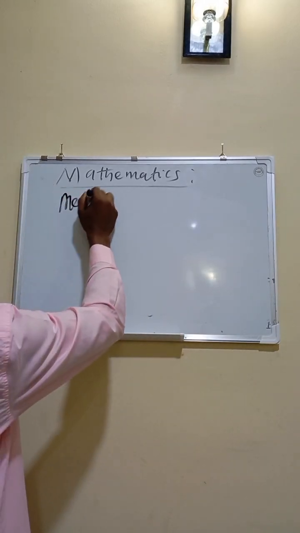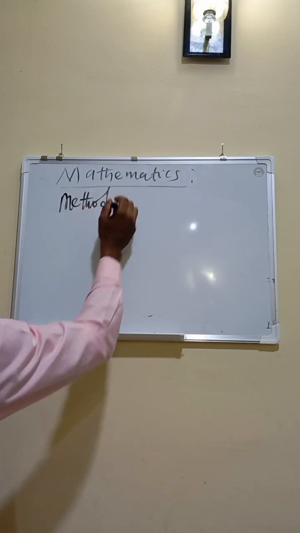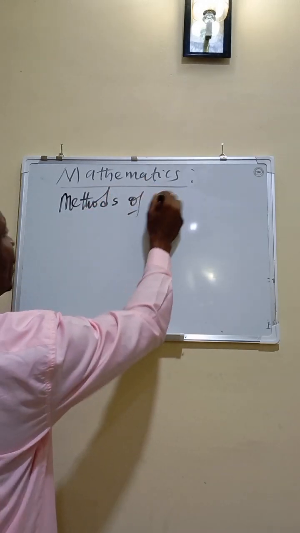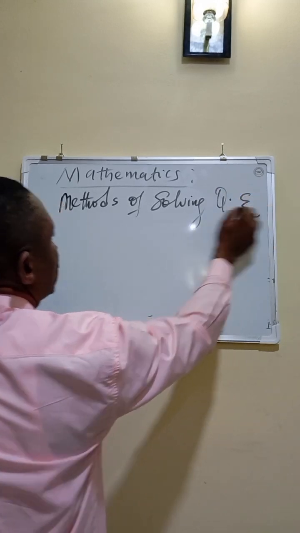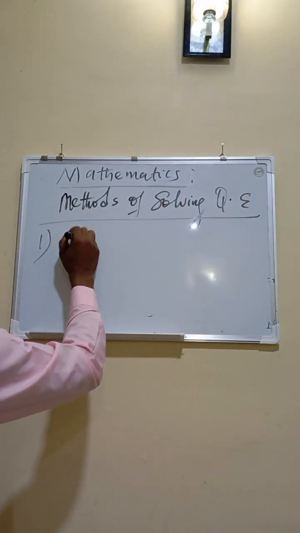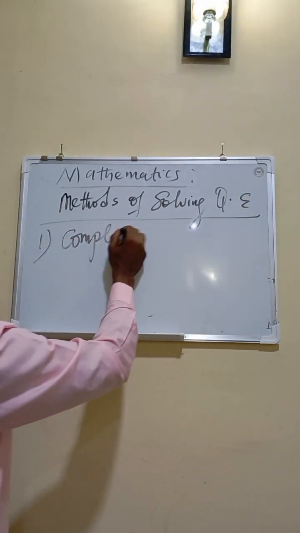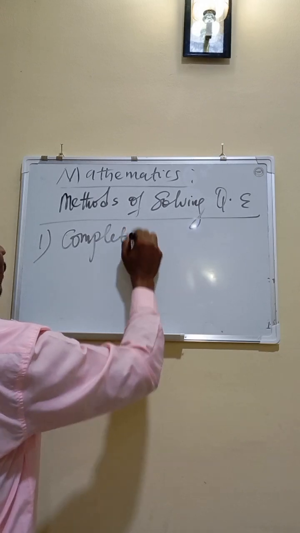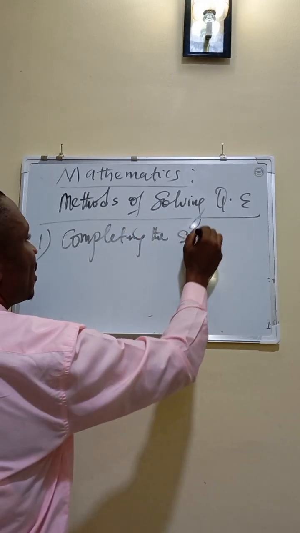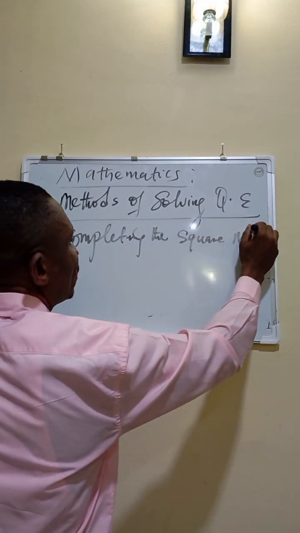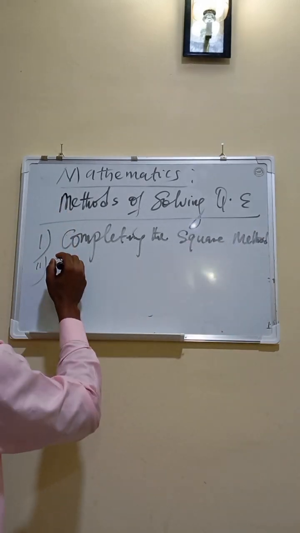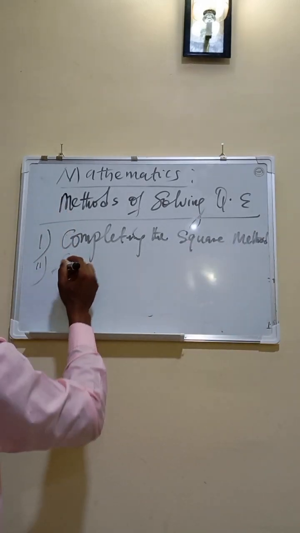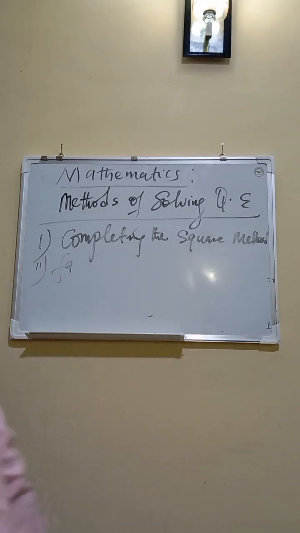Methods of solving quadratic equation. Number 1, completing the square method. Number 2, we have what we call factorization method.